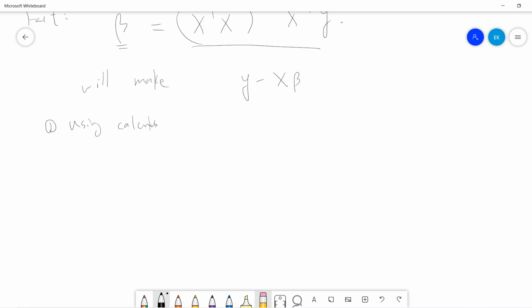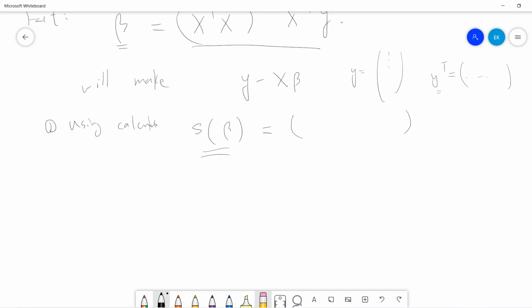Our goal, let's say S of beta, will be the norm of y minus x beta squared. Basically it's (y minus x beta) transpose times (y minus x beta). Sorry about this: since y is a column vector, to make it a number there must be y transpose times y, which gives a 1 by 1 number.